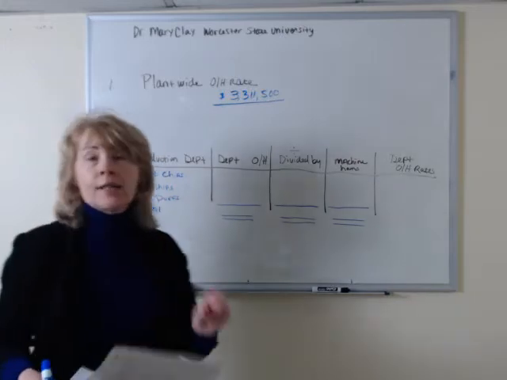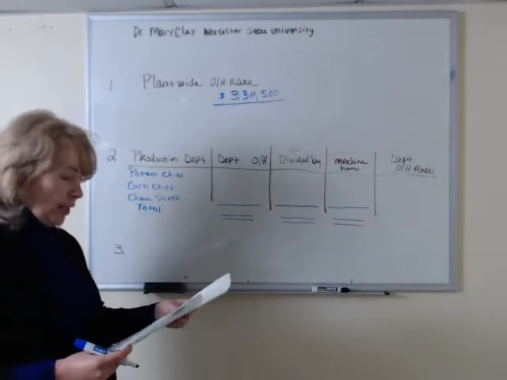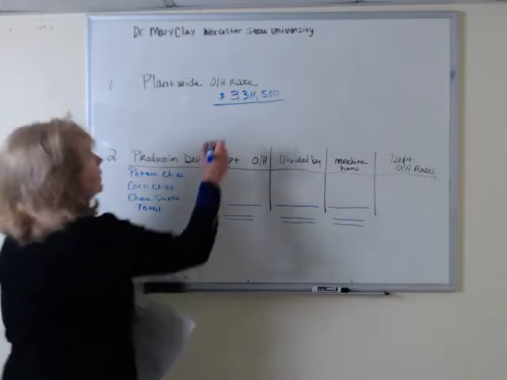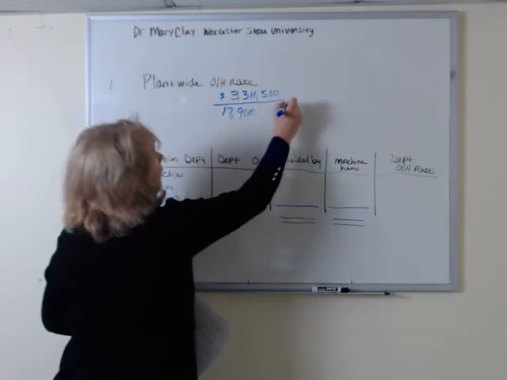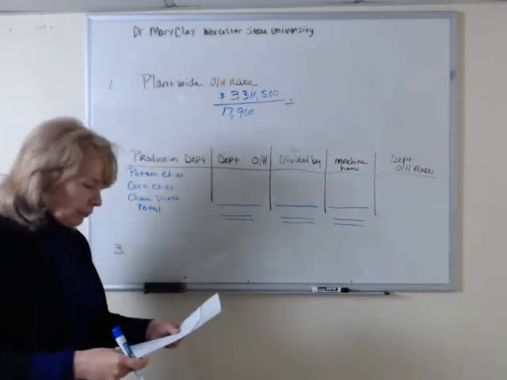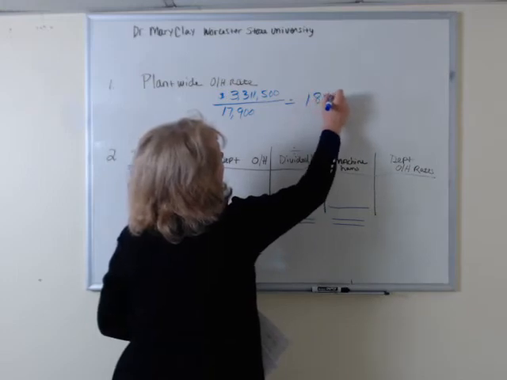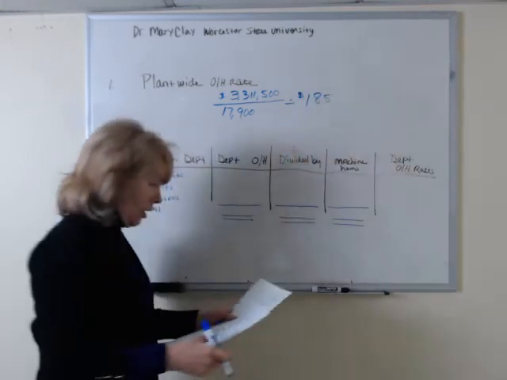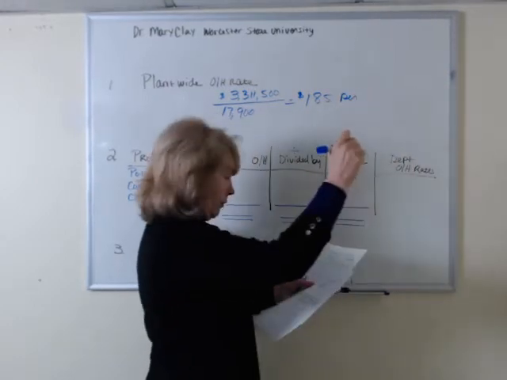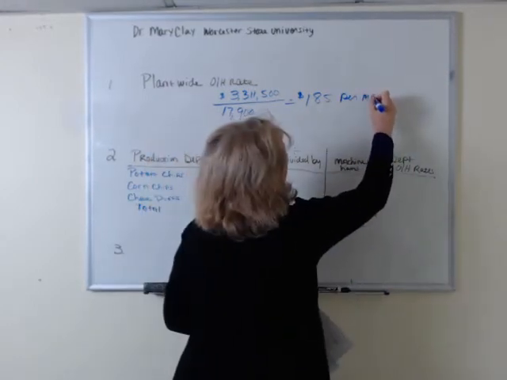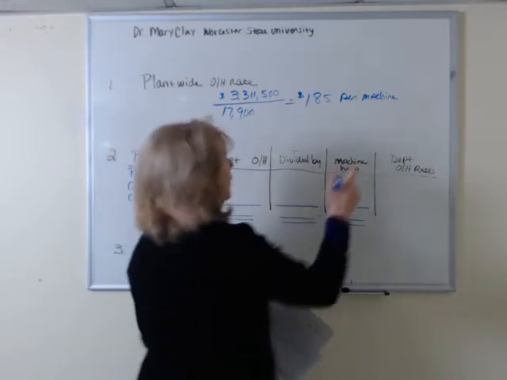Again, you're only going to come up with one rate for this. So I look at the total number of machine hours and they tell me it's 17,900. Okay? You just divide it out and you come up with $185 per machine hour. Okay? So there's the allocation rate per machine hour.